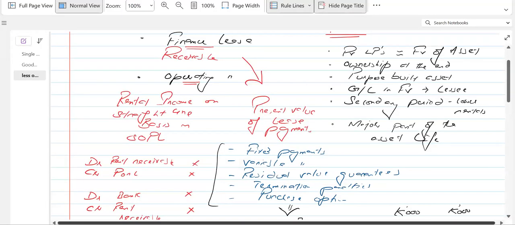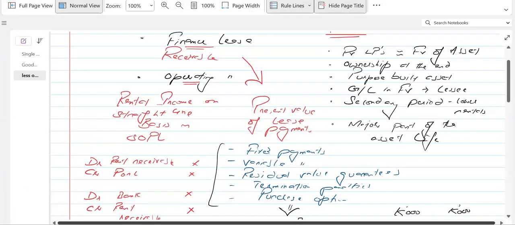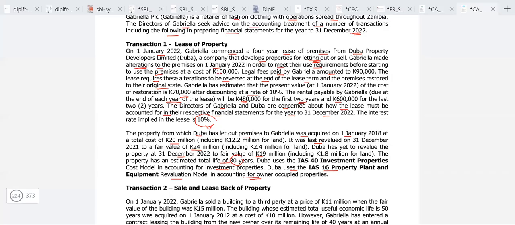Number two, whether the ownership will be transferred to the lessee at the end of the lease period. The life of the asset is 30 years and they are just leasing it for 4 years. So the lease is not for the major part of the asset life, the asset will not be transferred to the lessee at the end of the lease period, and there are no secondary lease periods. And they record the property as investment property. Duba records the property under IAS 40 in their books. So this completely shows that this is an operating lease.